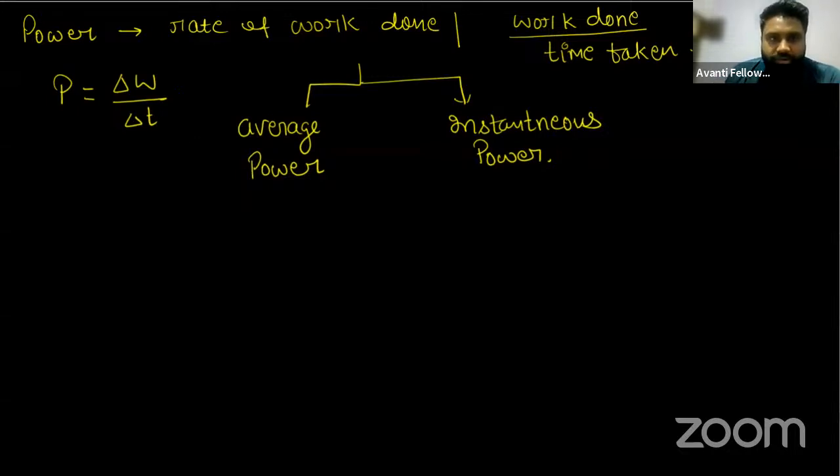So I must write here that this average power is when delta T is sufficient enough.